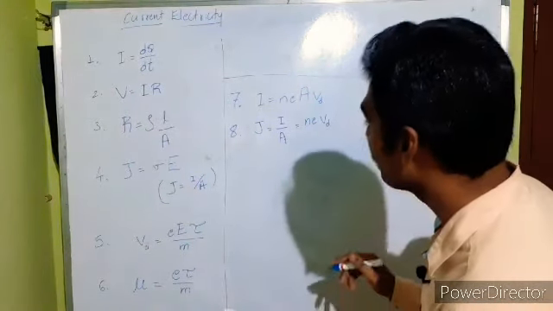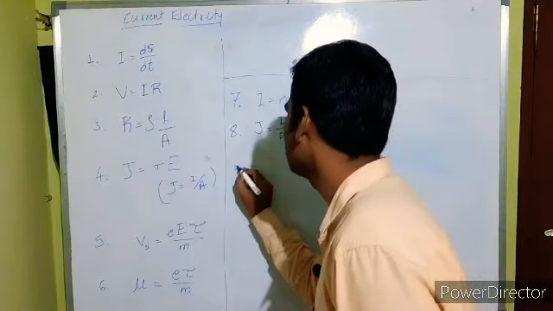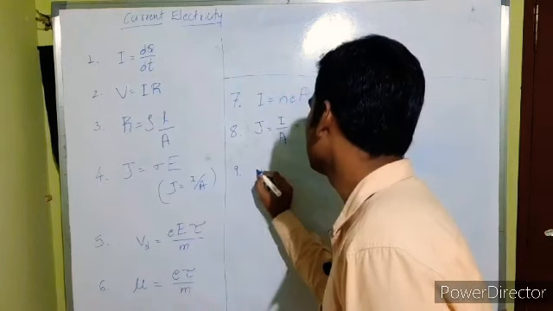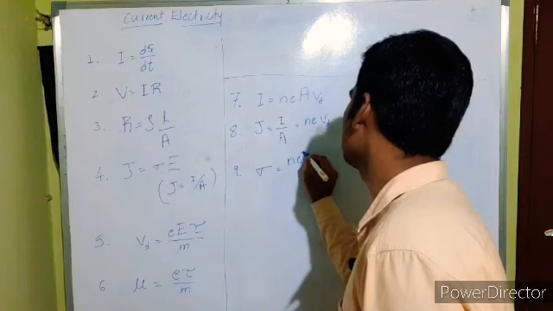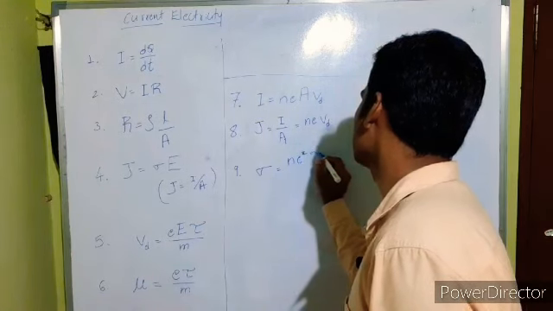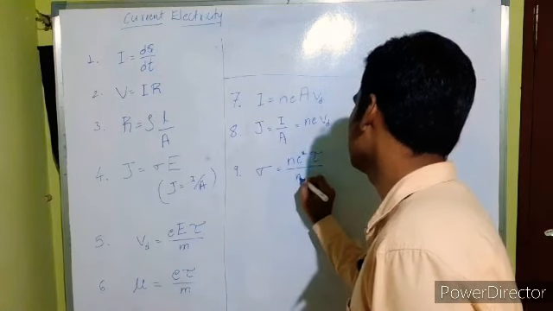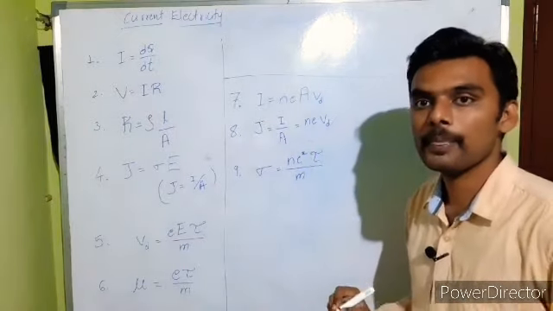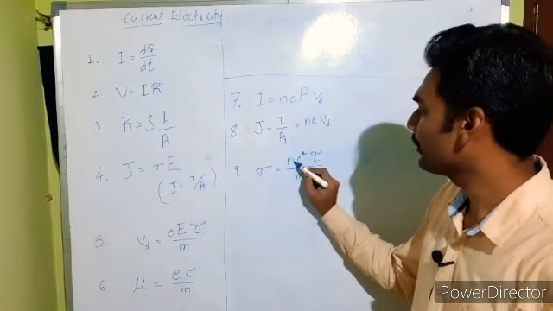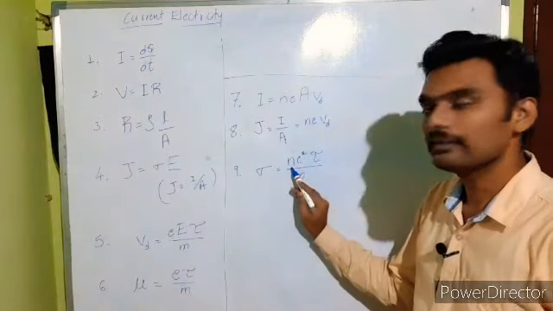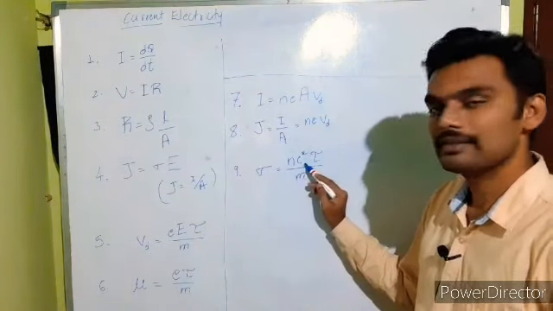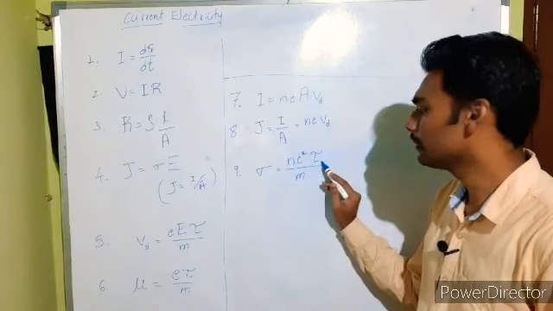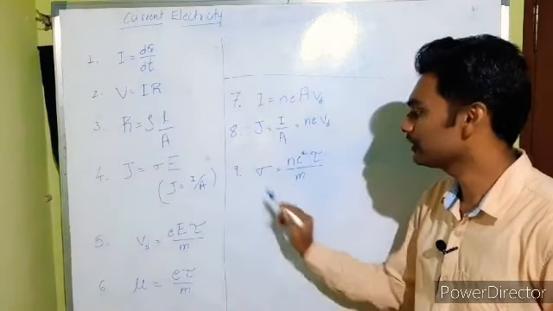Next you have an expression for electrical conductivity, given by sigma is equal to n e squared tau by m. The same representation for symbols: n is electron density in the conductor, e is the charge associated with each electron, tau is the relaxation time, m is the mass of the electron.